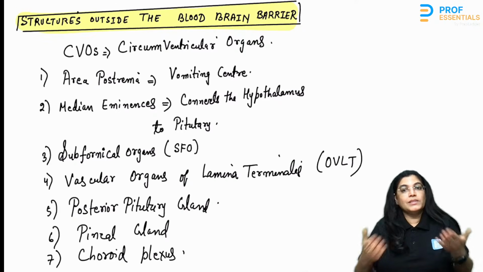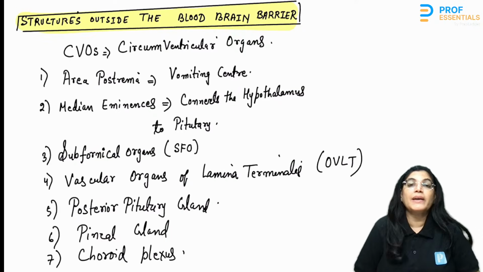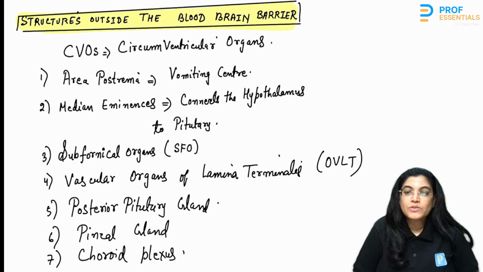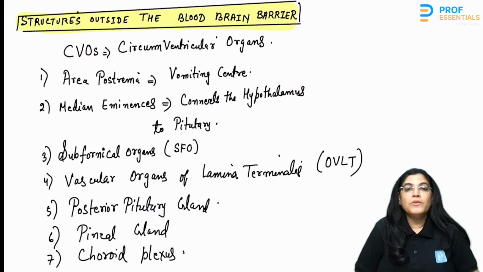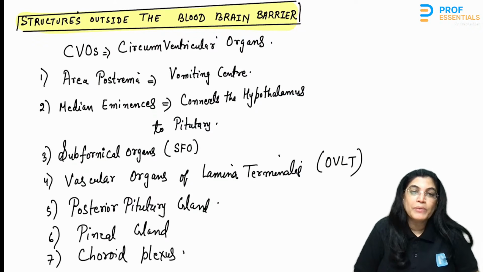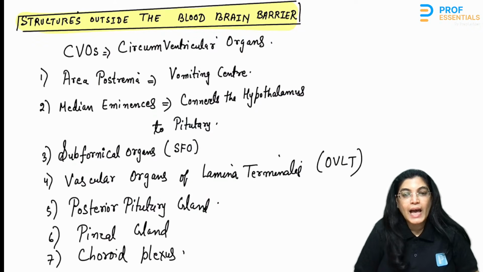I am at the end of the slide where all the structures lying outside the blood-brain barrier have been enumerated. So all these structures like area postrema, that is the vomiting center, median eminence, subfornical organ, posterior pituitary gland, pineal gland, lamina terminalis, and choroid plexus. All this list of structures are lying outside the blood-brain barrier.